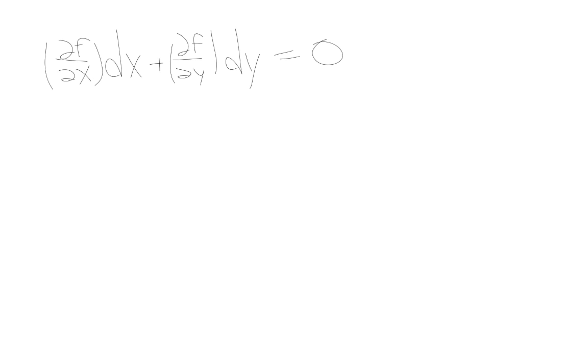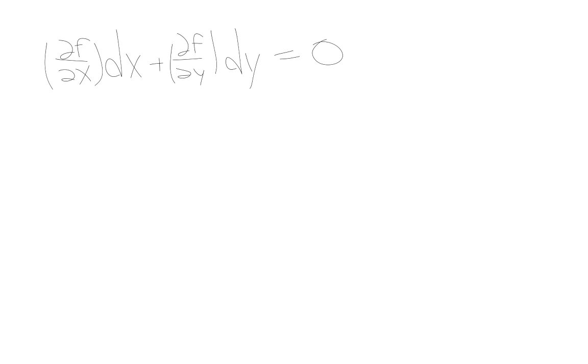So first things first, I got these two partial derivatives, and they're being multiplied by single variable differentials, and it's all set equal to 0. Under normal circumstances, I really can't just integrate both sides. So I'm going to choose one of these.